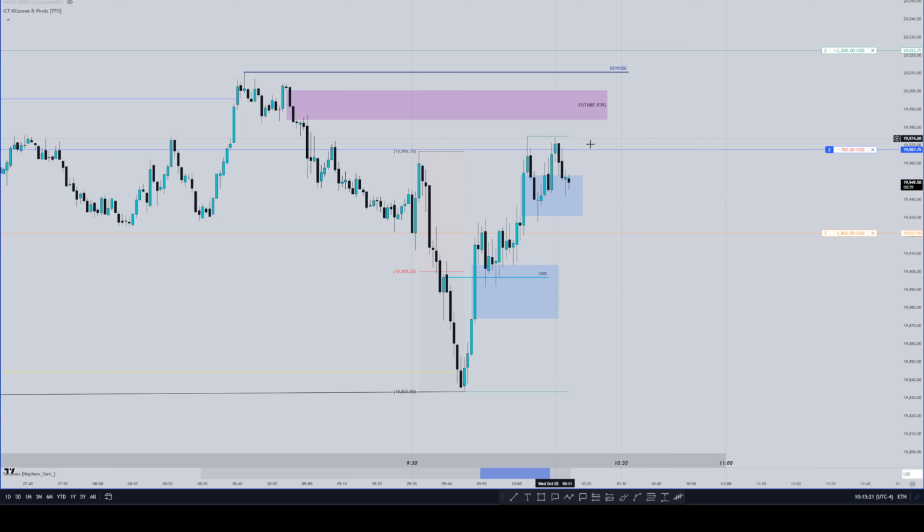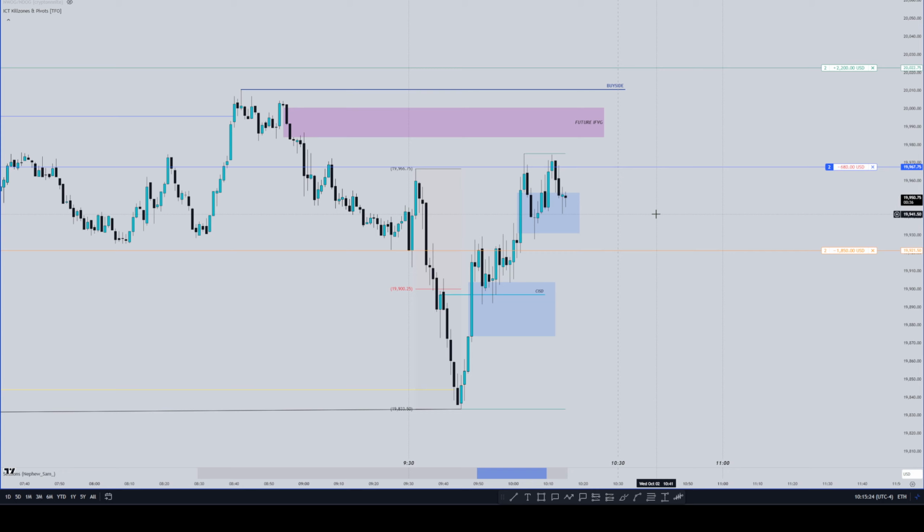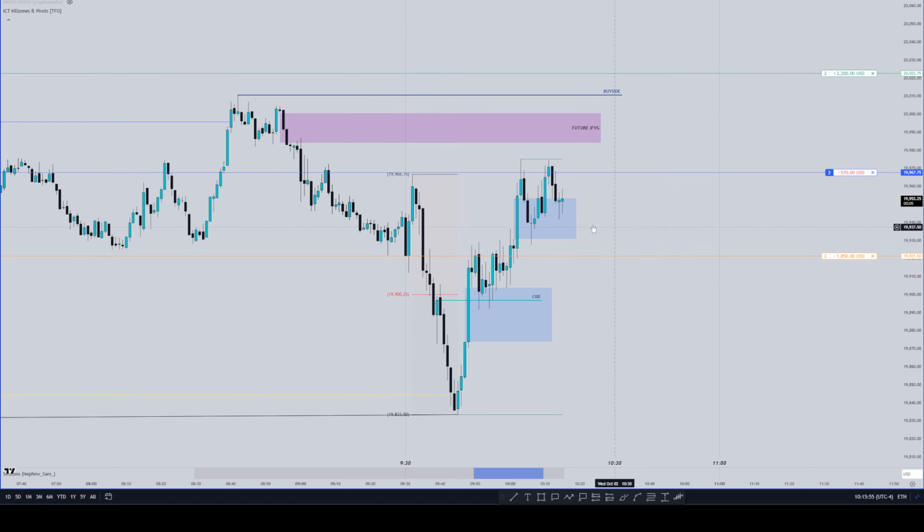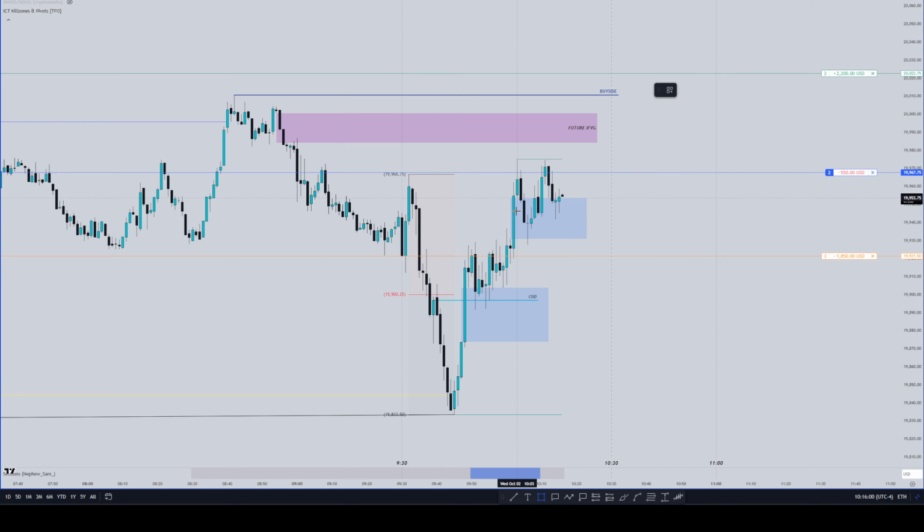Also relative equal highs here. Tiny inversion gap in here too.